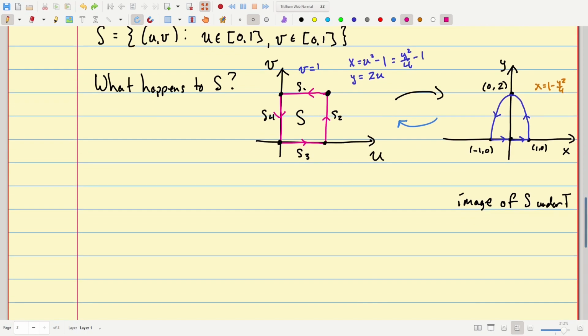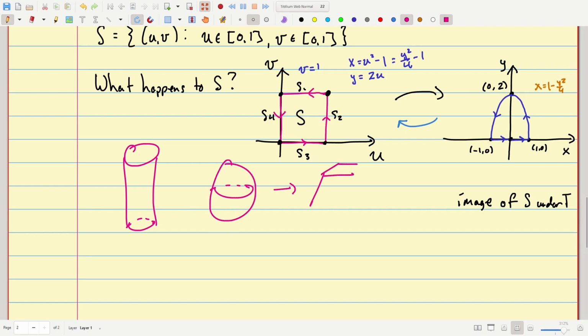We're taking something that looks nasty, like a cylinder or a sphere, and we're turning it into a rectangular prism most of the time. Or at least something that's really close to a rectangular prism. Make sense?